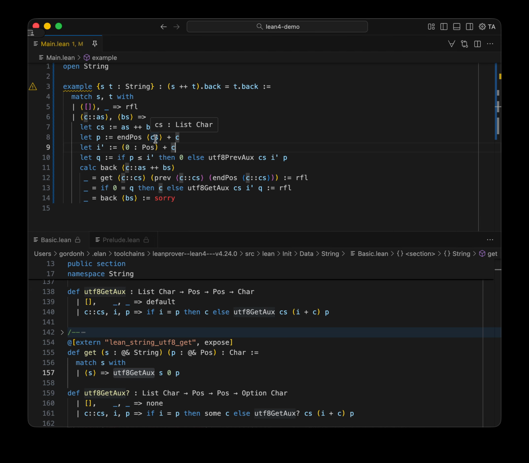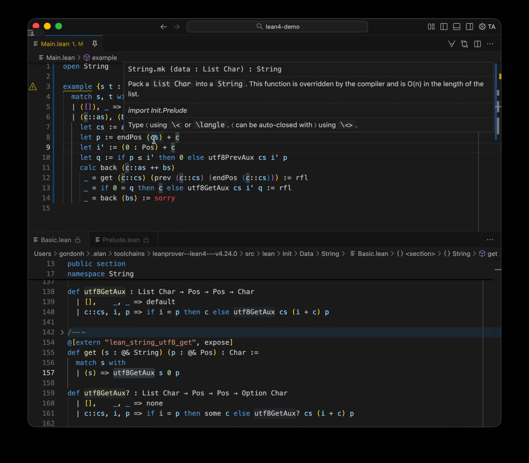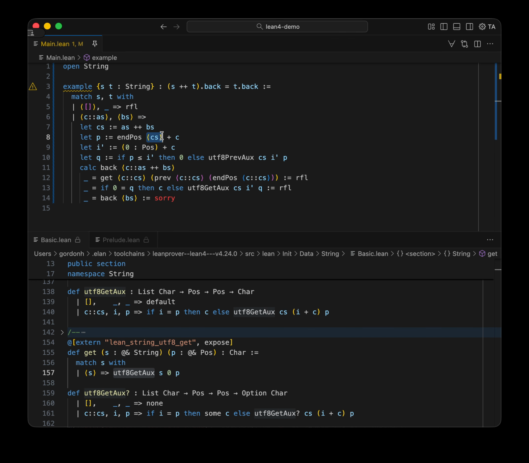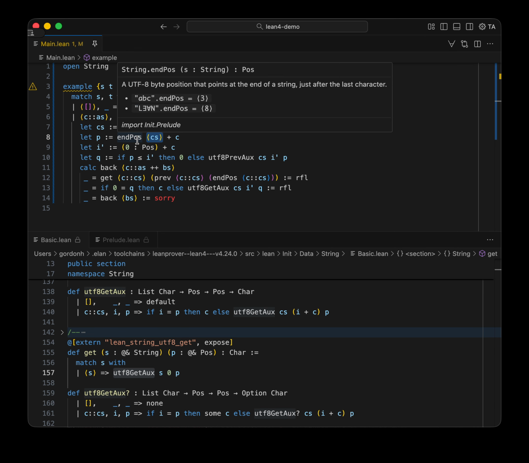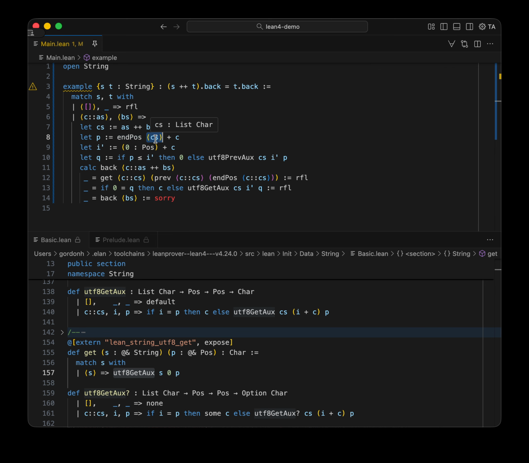So CS is a character list, and then it is converted to a string, and then we're taking the ending position of that string, which is the sum of the UTF-8 character size for all the characters inside this character list. Suppose CS is empty, then the ending position would be 0. In that case, p would be equal to i prime, and this will hold, so this will give us 0.